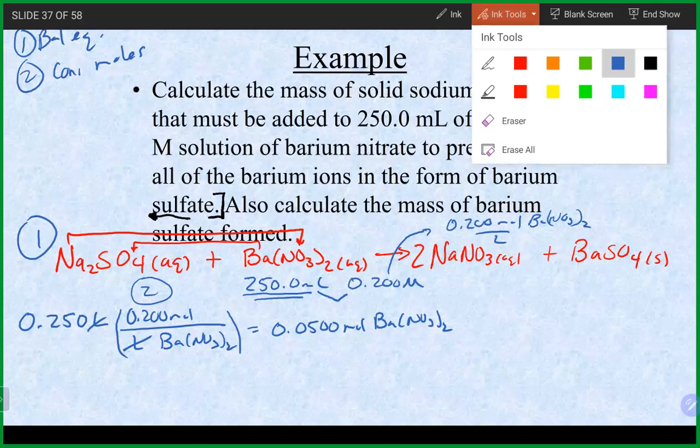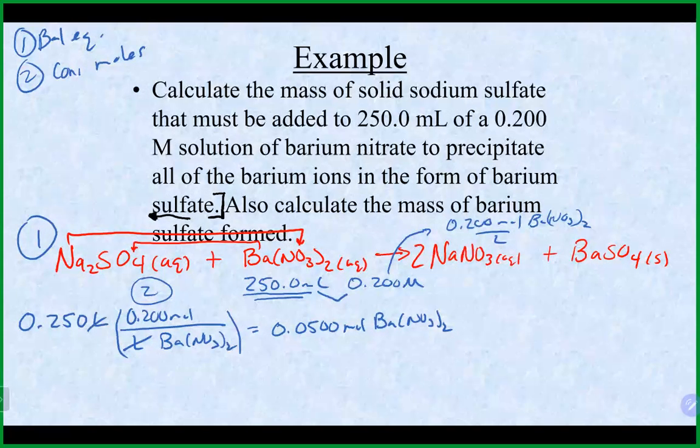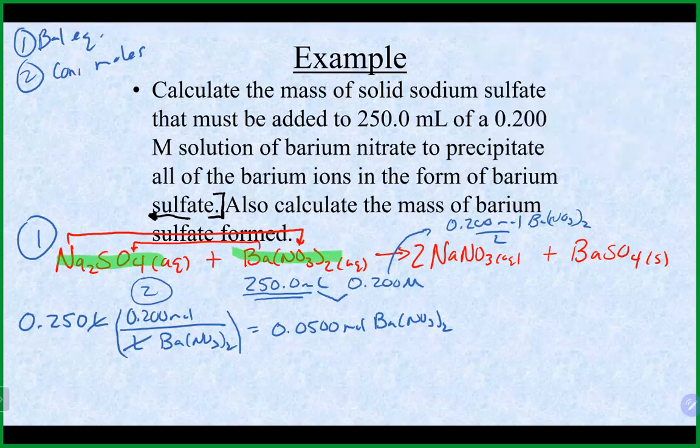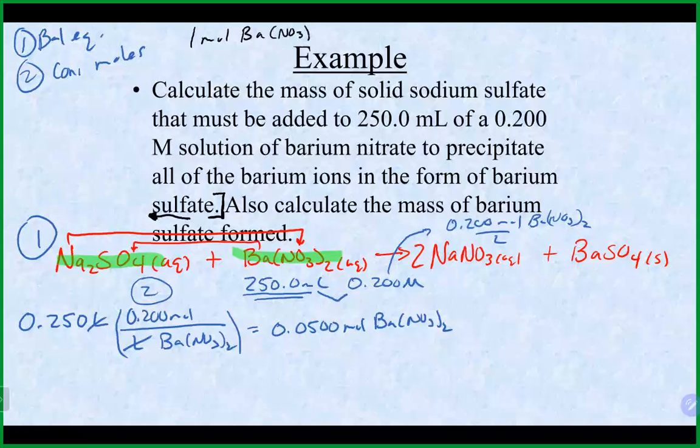So in this case, we do want to look at the stoichiometry, which is the barium nitrate to the sodium sulfate. And from the equation, it is a 1-to-1 relationship between those. So from the equation, we see that for every 1 mole of barium nitrate, we get 1 mole of sodium sulfate.